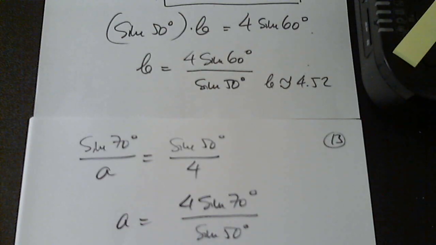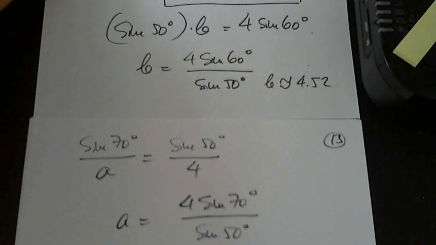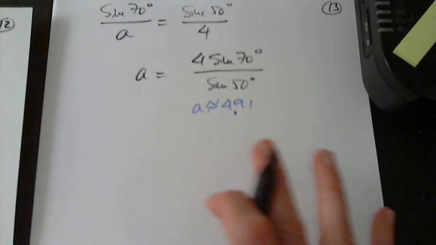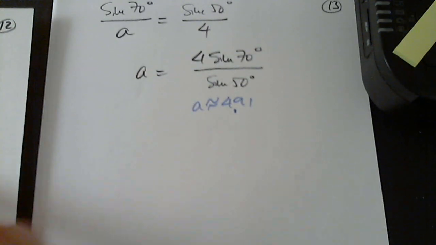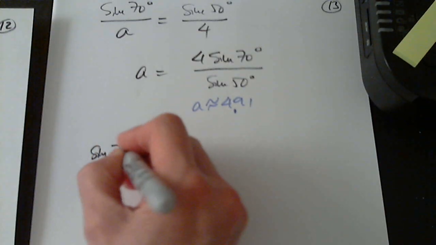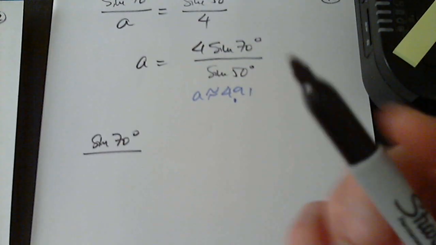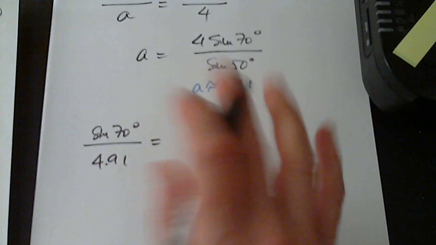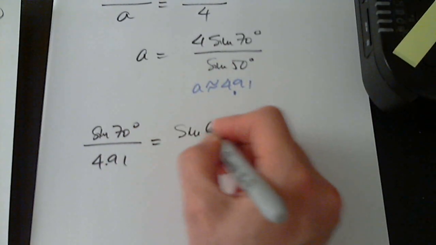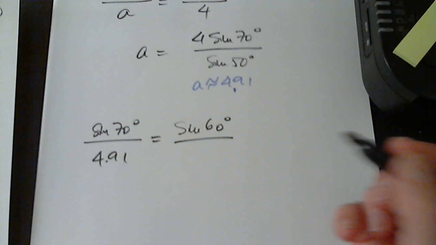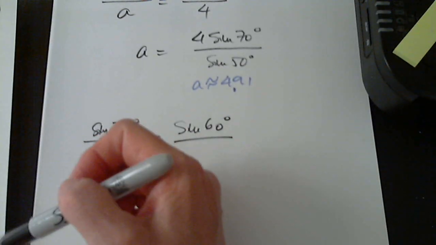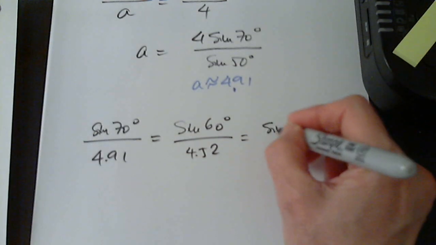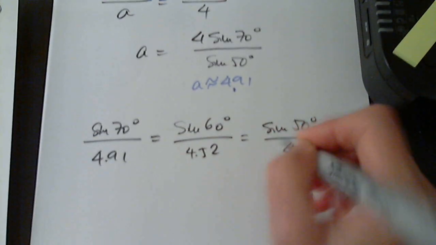So now, what if I made an error? Here's how I check my answer. Sine 70 degrees divided by a, which is 4.91, must equal very close, it will not be 100% because I have a rounding error, to sine 60 degrees over 4.52, and it has to equal sine 50 degrees over 4.